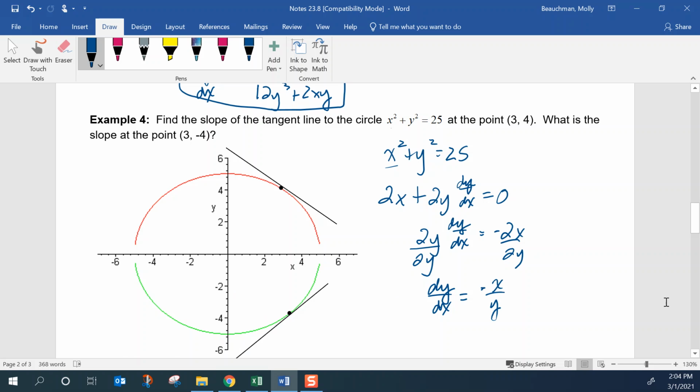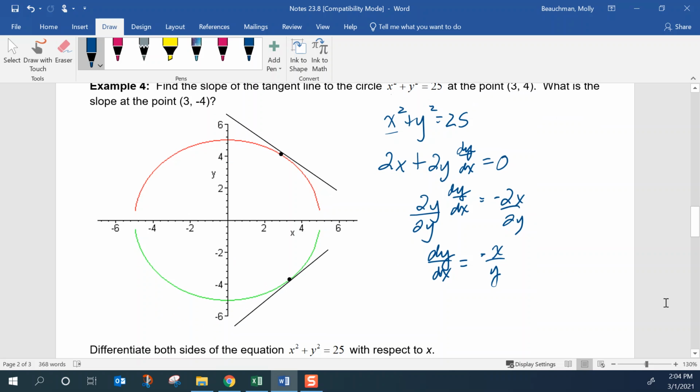So the derivative at the coordinate 3, 4: substitute 3 in for x, I'd get negative 3, 4 in for y. So the derivative, or the slope of the tangent line here, is equal to negative 3/4.